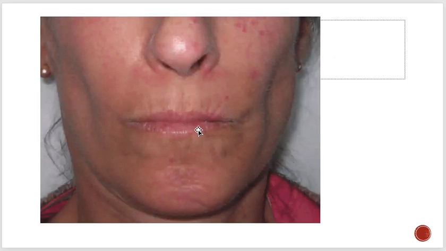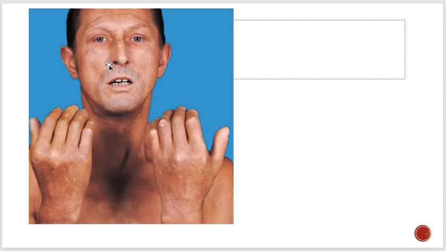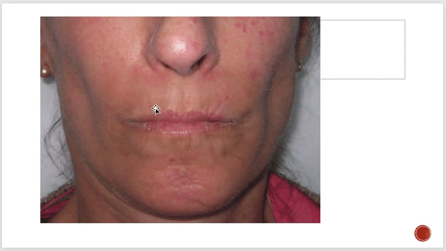So when you see them closely, what you find is they have mask-like faces with tight lips and a beaked nose. Beak, see, because the nose becomes very pointed. And there are furrows, radial furrows, around the mouth.